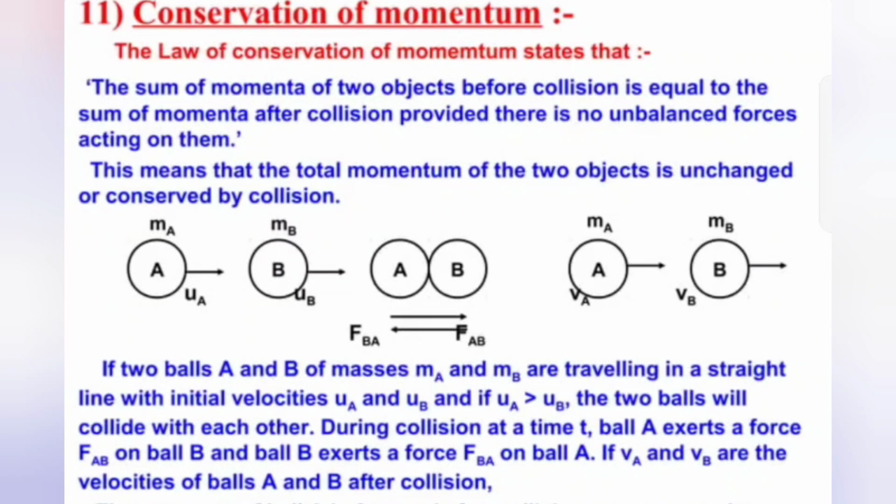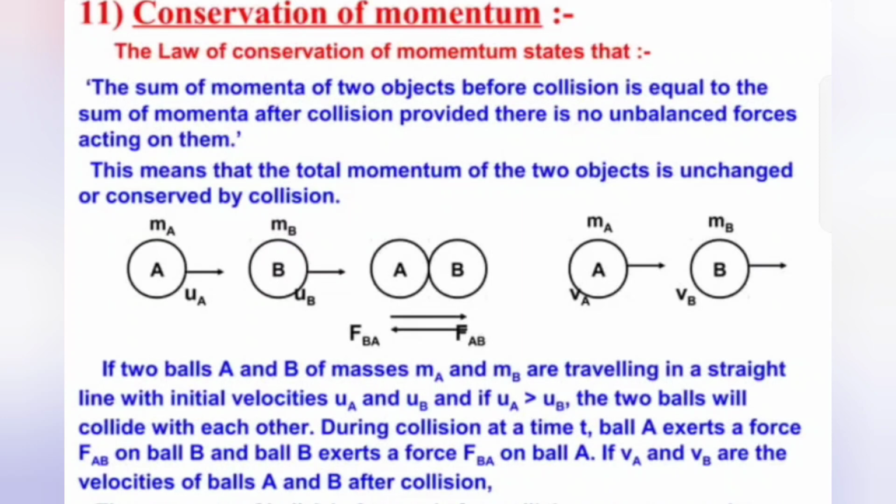The law of conservation of momentum states that the sum of momenta of two objects before collision is equal to the sum of momenta after collision, provided there are no unbalanced forces acting on them. So what exactly does it mean? It means that the sum of momentum before collision is equal to the sum of momentum after collision. So mu will be equal to mv.